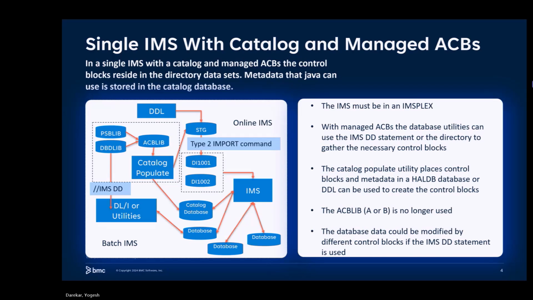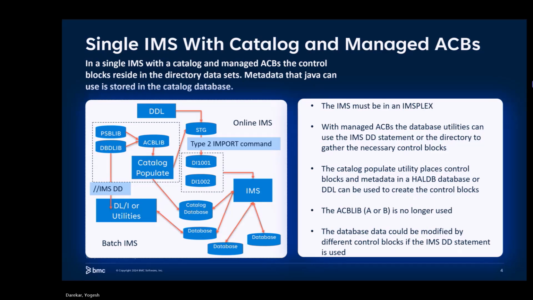And then IMS 14 introduced managed ACBs. Managed ACBs took the concept of putting these control blocks into this catalog data set and expanded on it. So you could still do PSB gens and DBD gens, but now they also introduced the ability to use SQL with DDL.